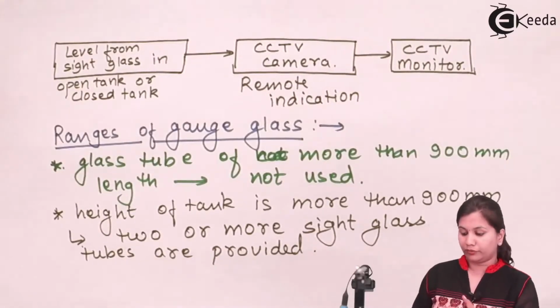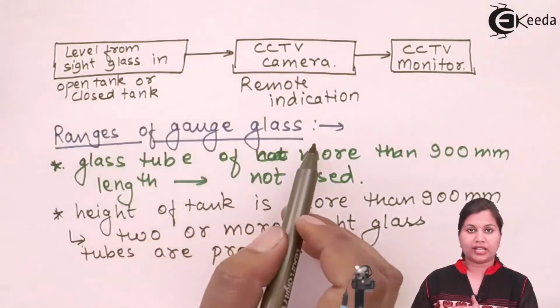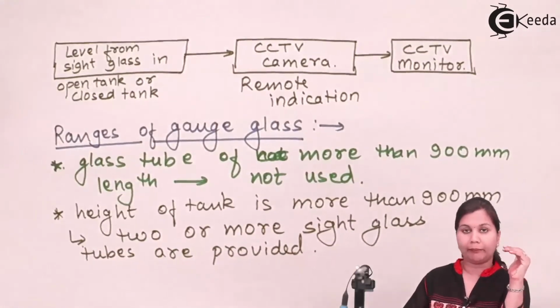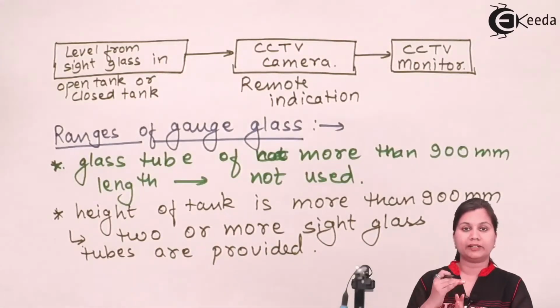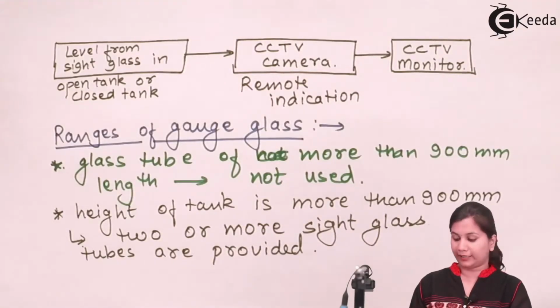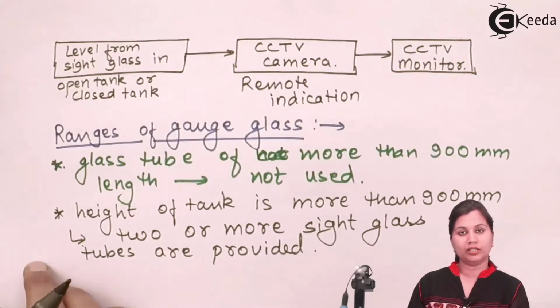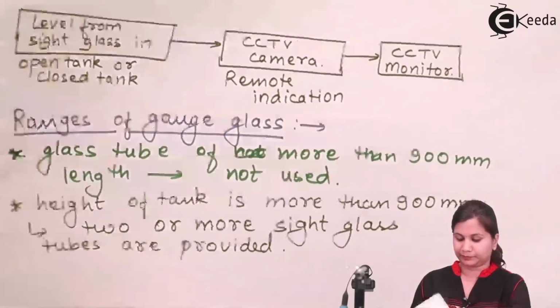Okay, so we can say that the range of the gauge glass is up to 900 of length, and if the height of the tank is more than 900, then we have to use two or more side glasses located at different places on the tank to get the readings of the liquid level. So this was the construction, principle and working of the side glass tube method.